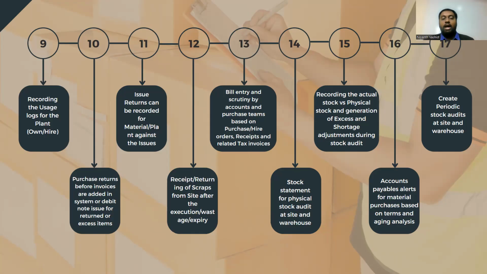So if we hand over the documents, the usage recordings, the material indent or outdate of the plant or the equipment that we are using, before that we also need to give the returns. Before we use the equipment, we will know how much is actually required and how much is extra. If that extra part is too excess, we need to return it back, and that is where we need to issue the returns.